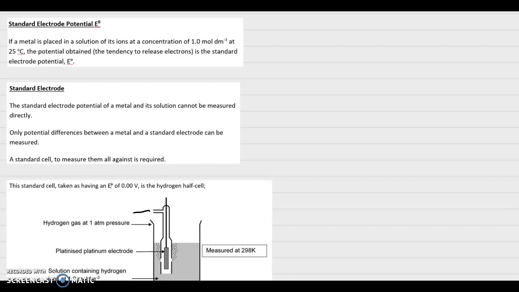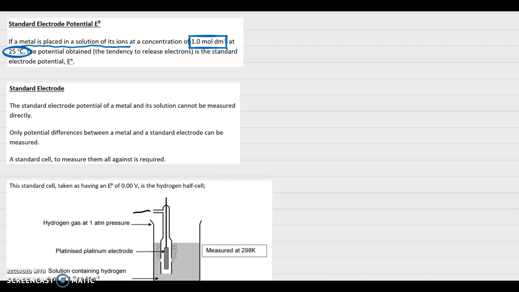Standard electrode potential means a metal is placed in its respective ions with a concentration of 1 molar at 298 Kelvin or 25 degrees Celsius. The potential obtained when it is compared with the standard reference is what we call the standard electrode potential.